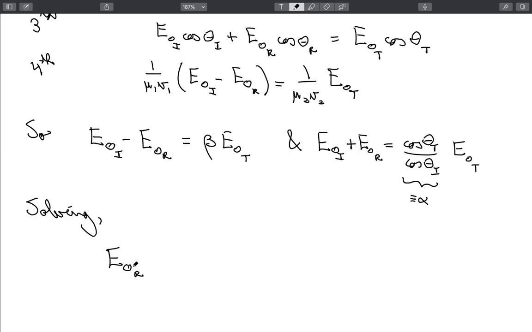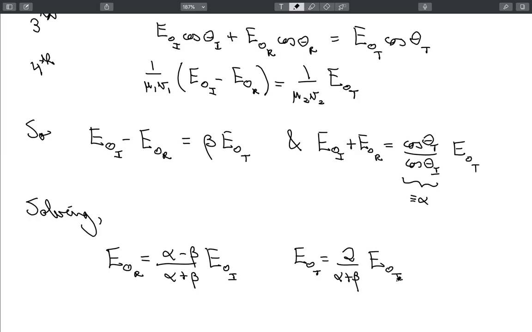The reflected amplitude is just alpha minus beta over alpha plus beta times the incident one. And we get that the transmitted one is equal to 2 over alpha plus beta with the incident one, like this.